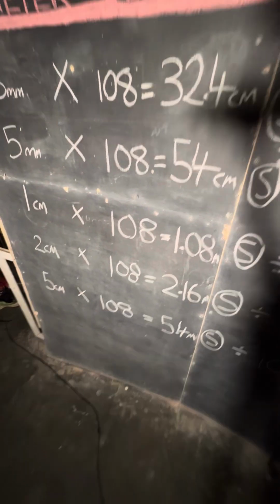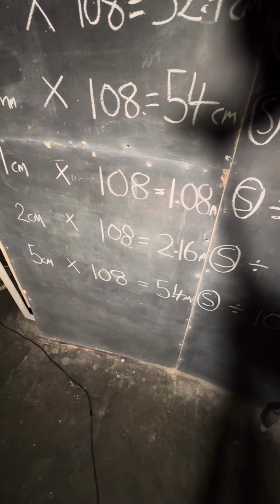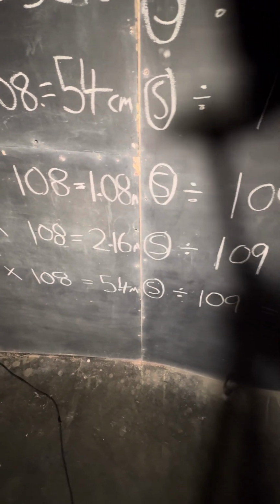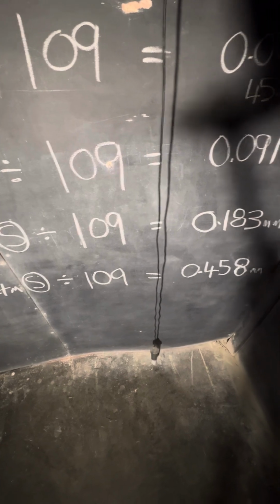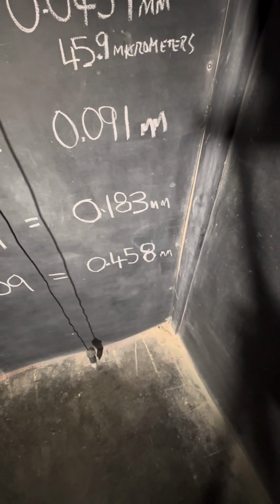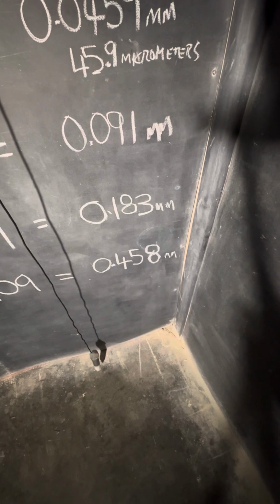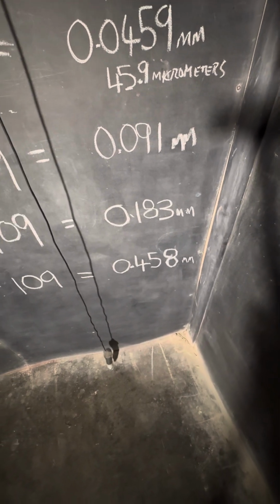To get to 5 centimeters, 108 multiplied by 5, that's 5.4 meters distance. Divide the sun diameter of 5 centimeters by 109, and we get 0.458 of a millimeter. That's just under half of a millimeter.